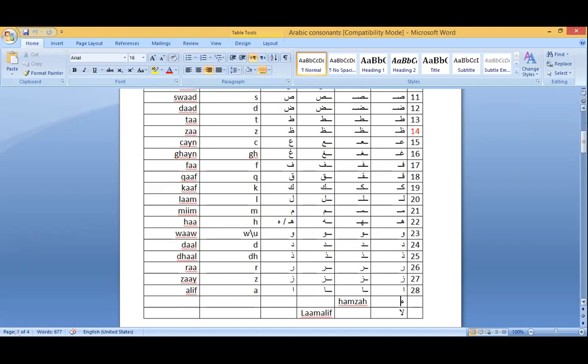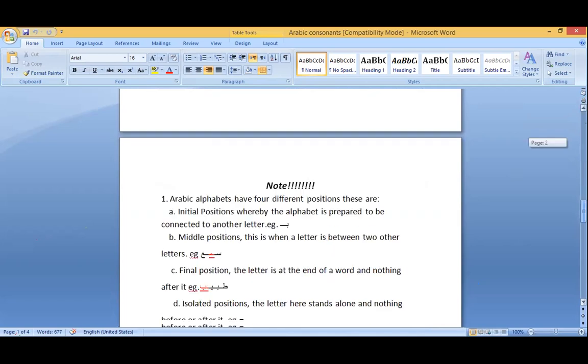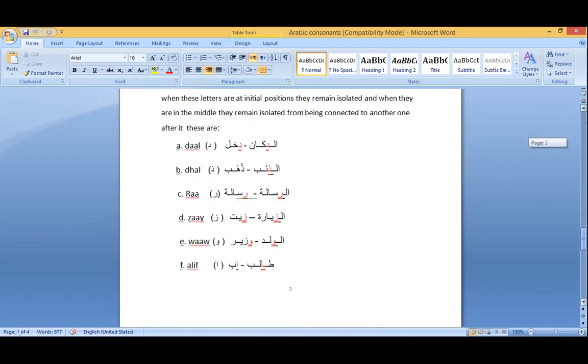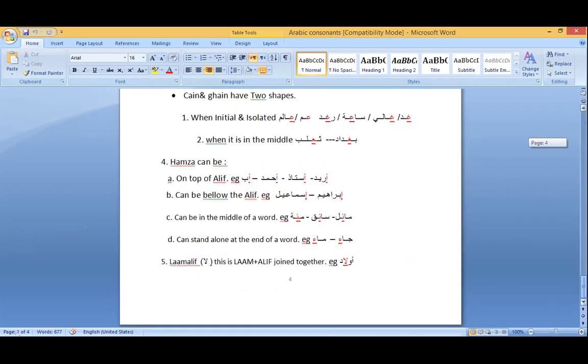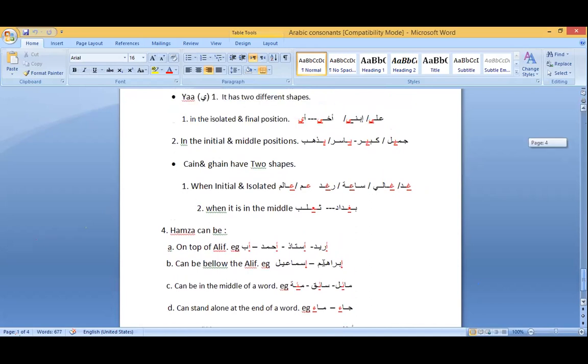If you look at this Hamza here, you see it's above, sometimes it's below, sometimes it can be somewhere in the middle, and sometimes it can stand alone. But in all cases, it's pronounced like a. This is Uridu, Ustad, Ahmed, so there's no change.